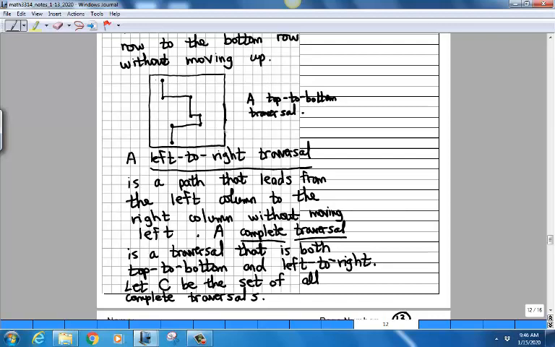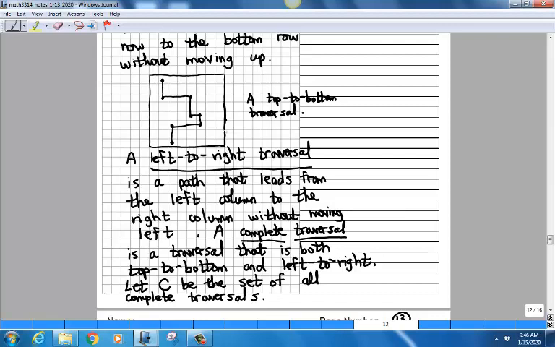Now, as we've already seen in some of the examples that we've looked at so far, it's not so hard in this case to convince yourself that the set of all complete traversals is non-empty, because you can write down lots of complete traversals easily.